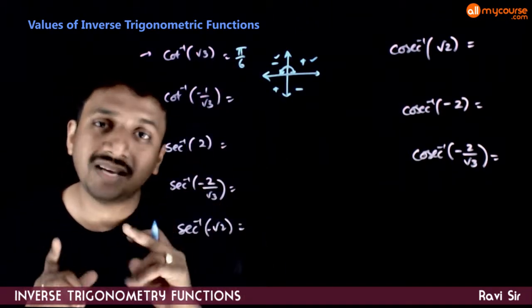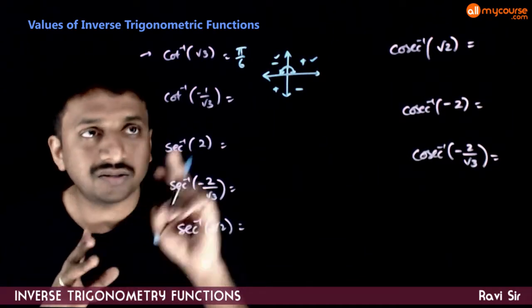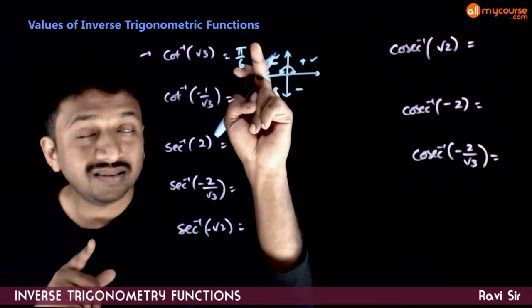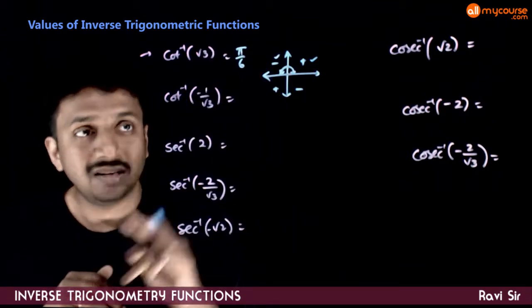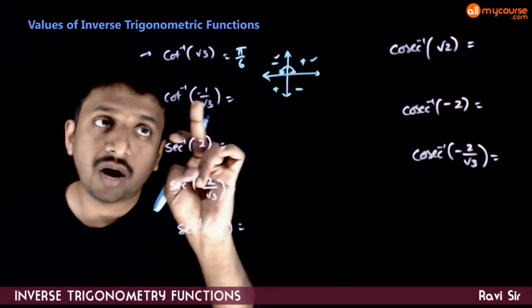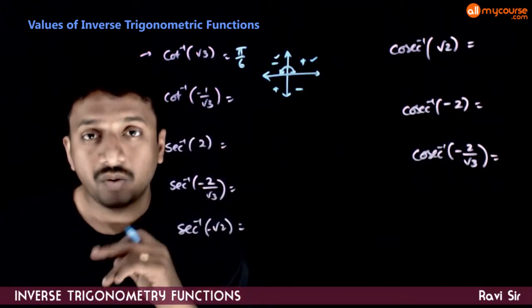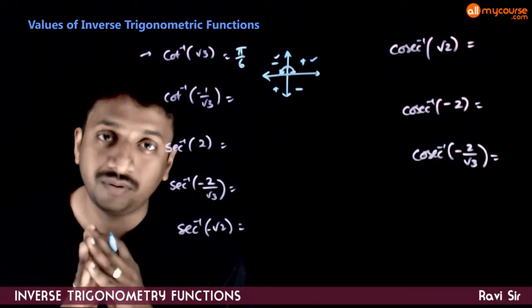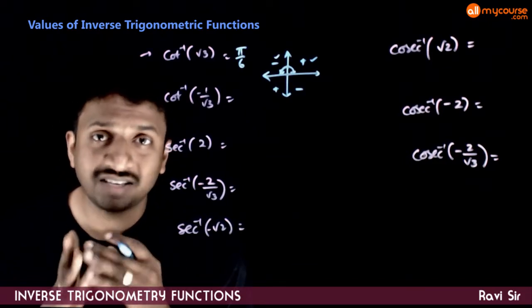Cot inverse of minus 1 by root 3. So you have a negative number here, so you go to an angle in the second quadrant. First find the allied angle. What is cot inverse of 1 by root 3? For what angle will cot theta be 1 by root 3? The answer is 60 degrees.